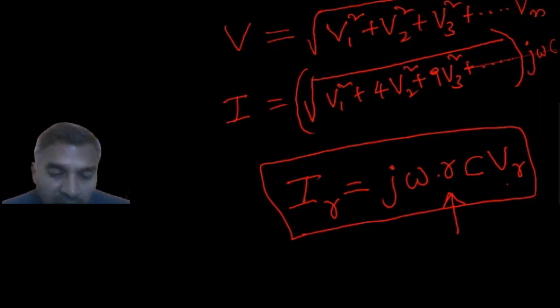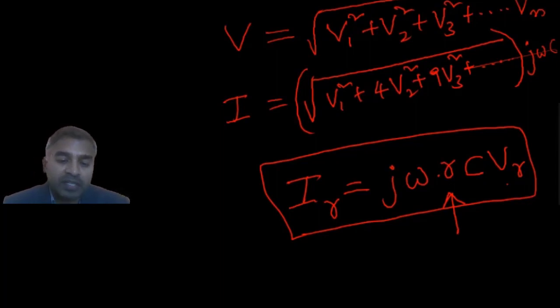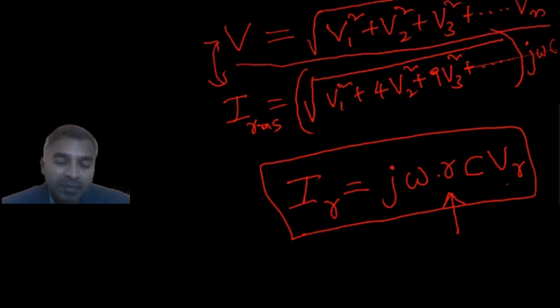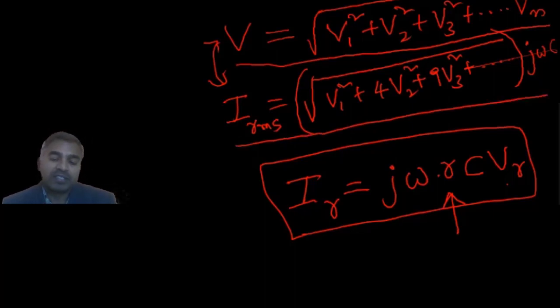So does the measured RMS value of the current represent the RMS value of the voltage now? The RMS value of the voltage is this, but what we are measuring from the meter is this other quantity. So if you have calibrated the meter for the fundamental voltage and the signal contains different frequency components, then this is the problem.